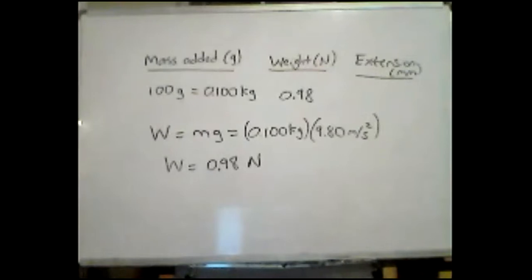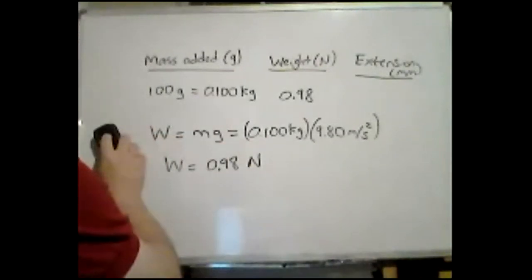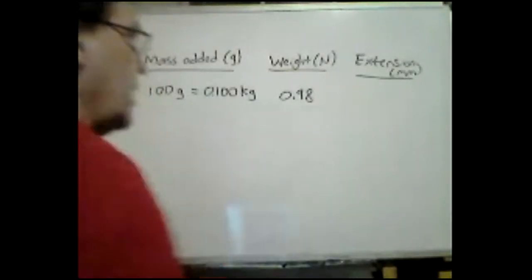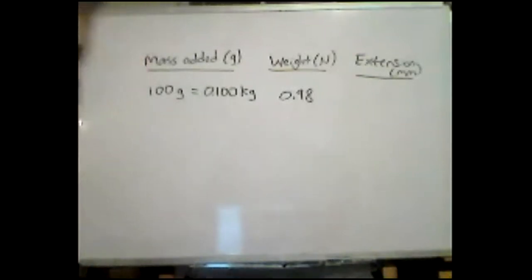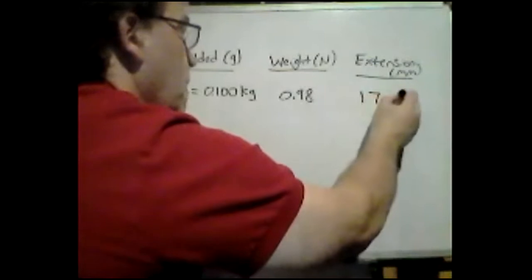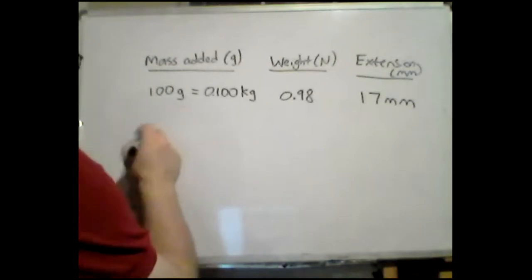Now the extension. Again, I want this to be in meters. I said it was 17 millimeters, that's what we measured, 27 minus 10. But I don't really want that.